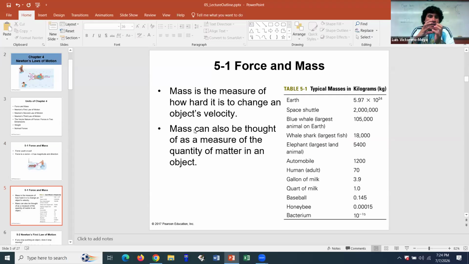For example, if we talk about inertia, the more mass a body has, the more inertia that body has. Mass is also the measure of how hard or how easy it is to change an object's velocity. The more mass, the harder it is to accelerate an object or to stop it.